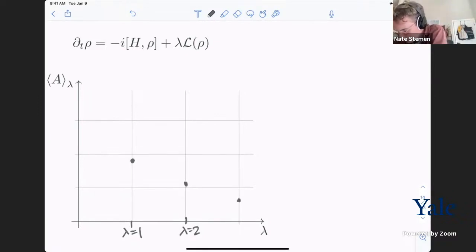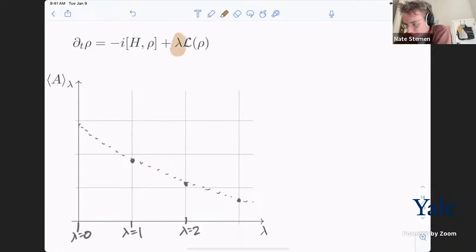And then what you can do is just your typical extrapolation. You'd say, okay, if that's what it looks like as my noise is increasing, why don't I take a look at what happens over here, in the lambda equals 0 region, which, if we look back up here, if lambda equals 0, then we have our ideal dynamics that we're really looking for, right?